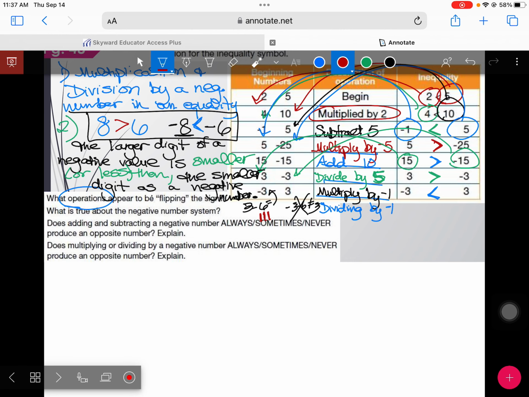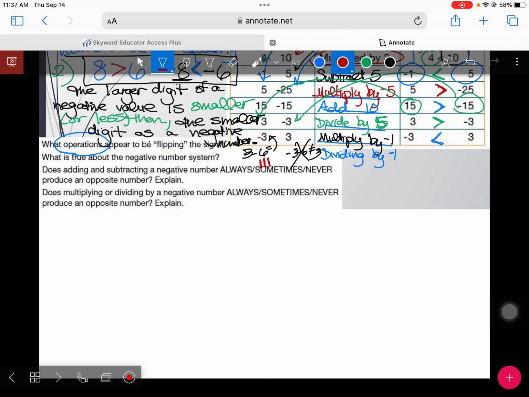Does adding and subtracting a negative number... so, can you give me an example of a negative number where it did give us the opposite? So, if I started with 1, could I end up with -1?